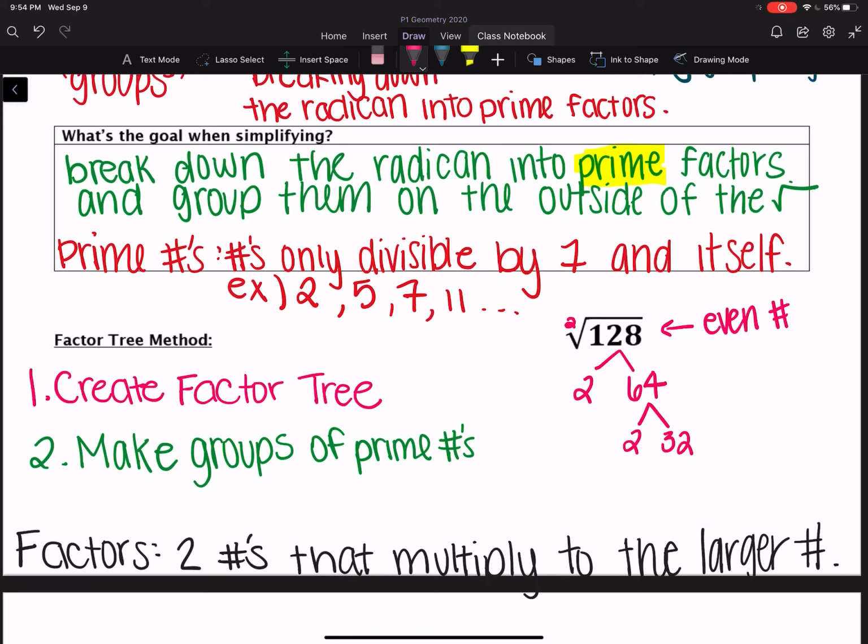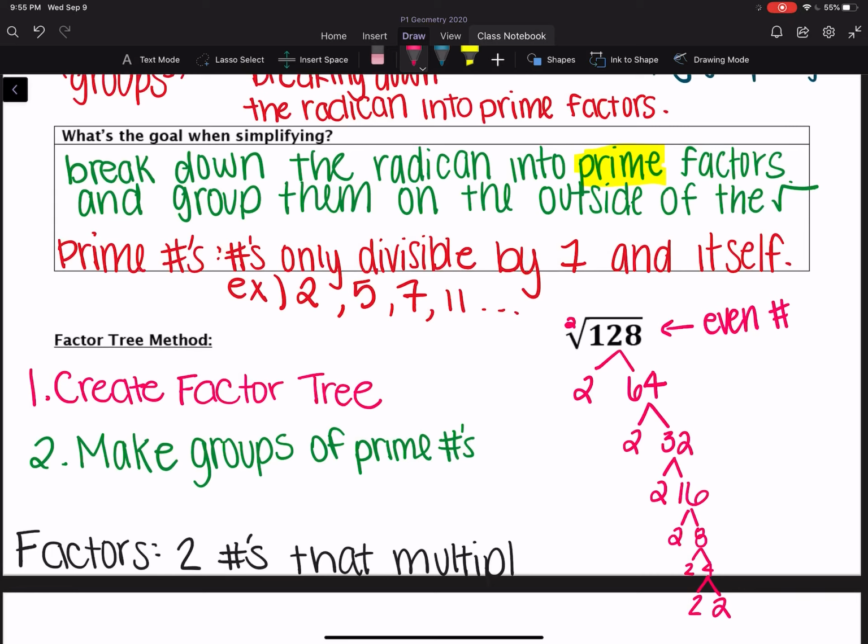Again, 2 is a prime number on my left side, so I can go to the right side of the factor tree, and I can split 32 again because it's even into 2 and 16. I can continue this pattern all the way down, until all I have left are groups of 2.